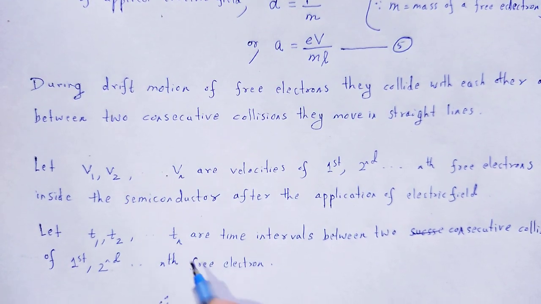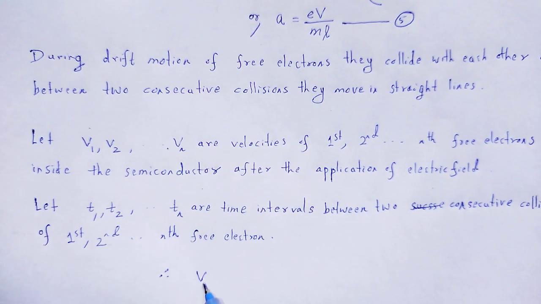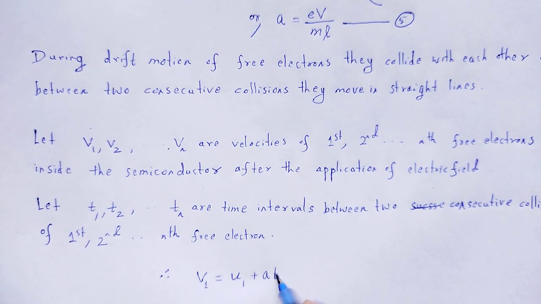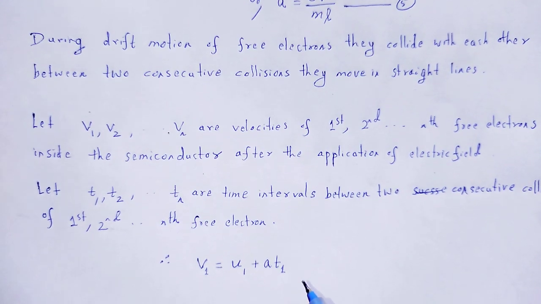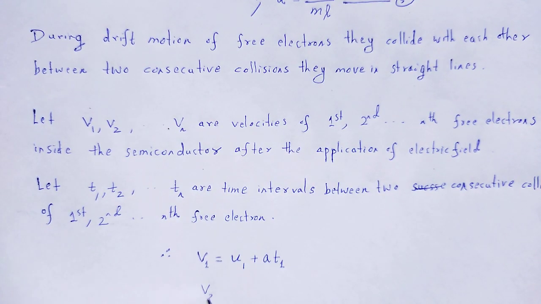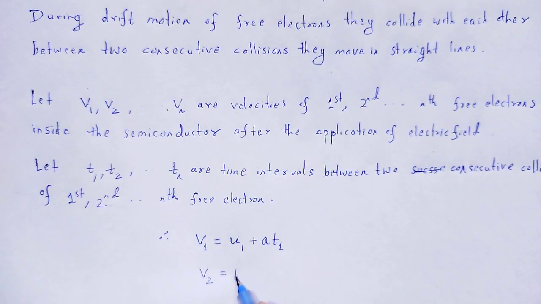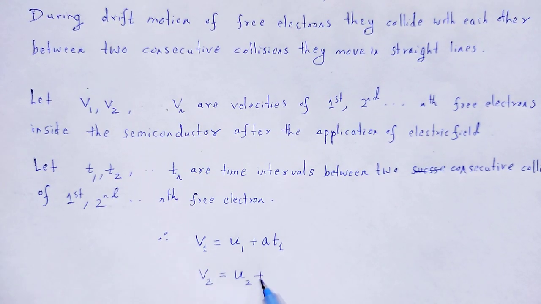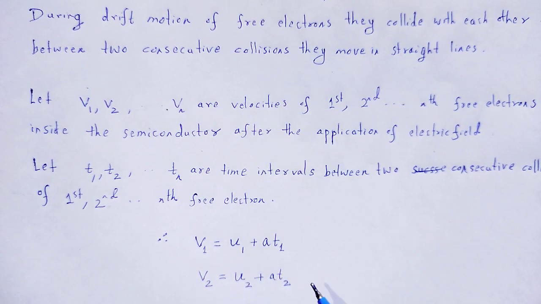Therefore, these velocities: v1 is initial velocity u1 plus a t1, the time difference between collisions; again v2 is u2 plus a t2.